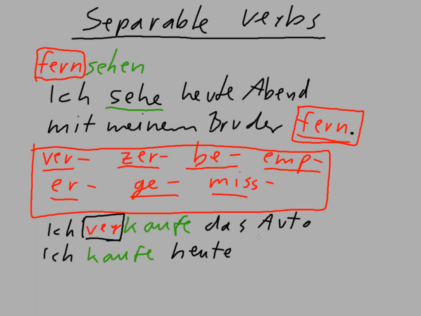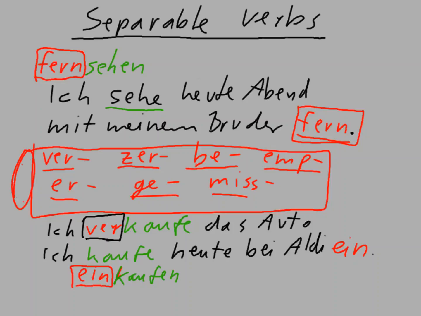Where do we go shopping? Well, of course, bei Aldi, in the store Aldi. And then finally ein. Okay, so the verb einkaufen. Einkaufen is separable, right? Because we have this thing here, and it's not in this list up here, right? So ich verkaufe das Auto, but ich kaufe heute bei Aldi ein. So this thing goes all the way to the end.